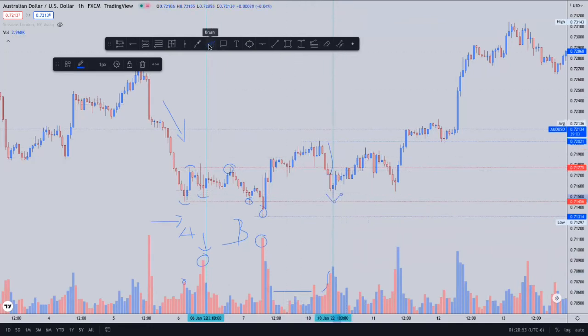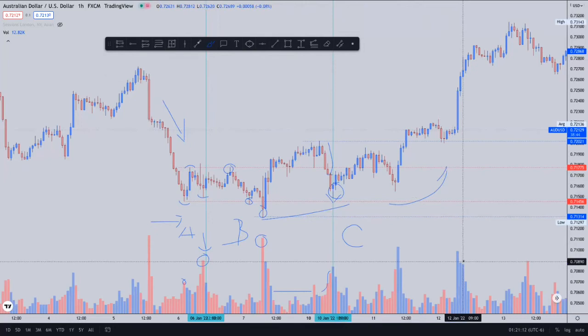And remember, you have those buy models that don't always break the extremities of the range. It doesn't always give you a huge fake out, but you will get a higher low from that point. So now we are in phase C, because this is as low as we will go before we reverse, right? I'll keep doing it. So phase C, let's see here. One second. Ouch.